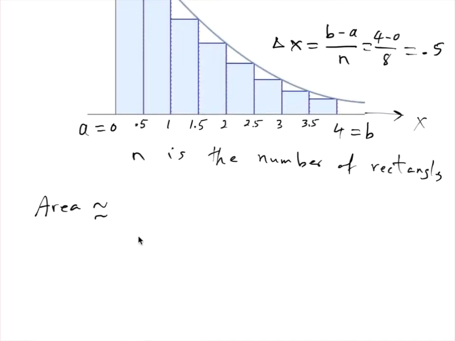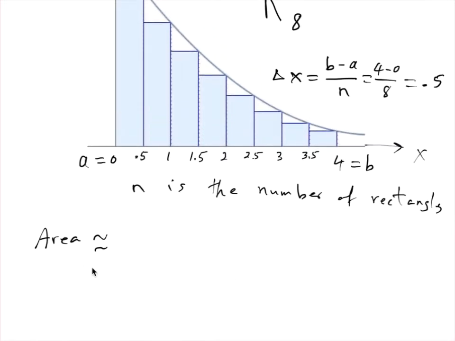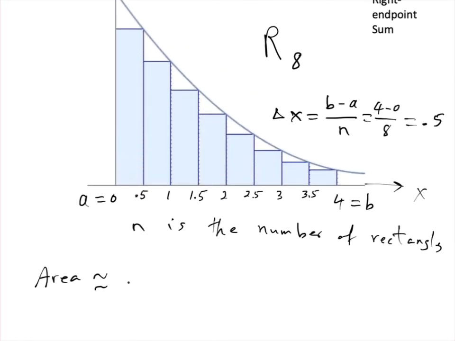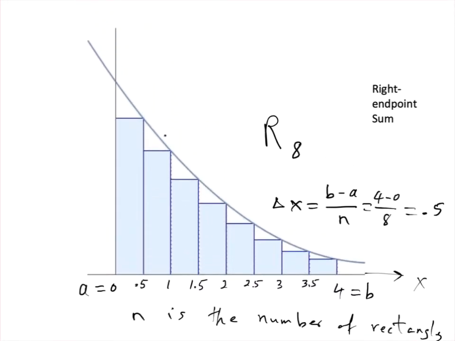So let's try this. So it's delta x, which in this case is half. Each of the widths is half, so I'm factoring that out. I'm just adding the heights. And the function, I'm going to write the formula for it.